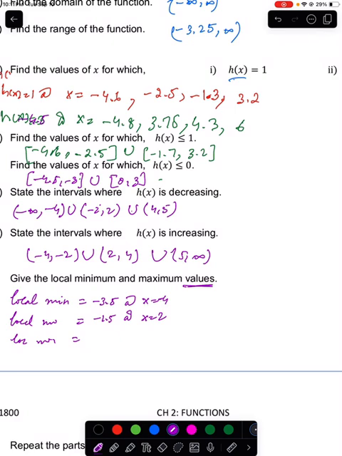And then local max. From the left side we see the first local max happens at -2 and its value is 1.5, at x is equal to -2.